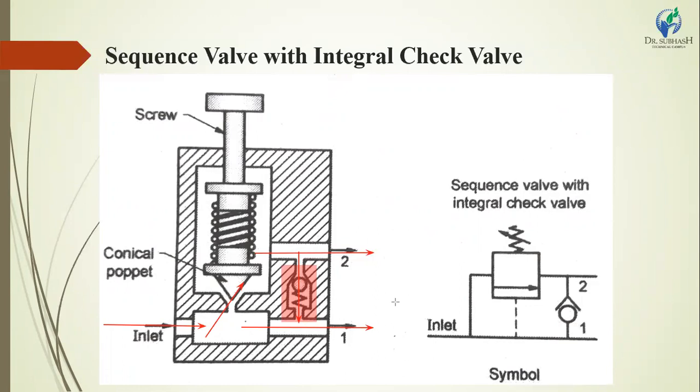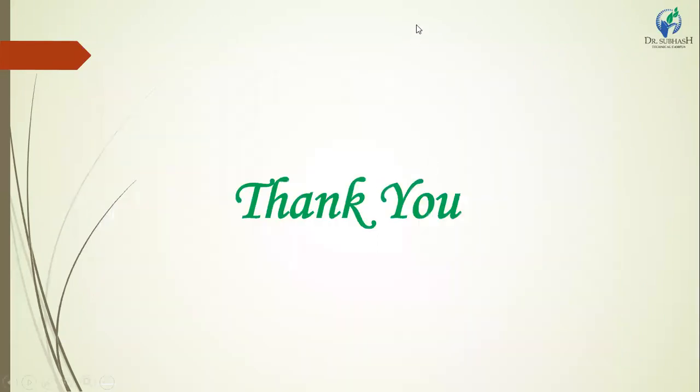This is necessary for operating on the same side and the same cylinder. At that time we have to use a sequence valve with an integral check valve. That's all of the pressure control valves used in a hydraulic circuit, with their symbols. Okay. Thank you.